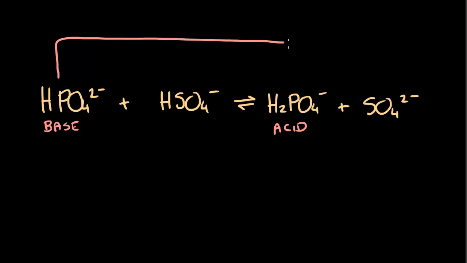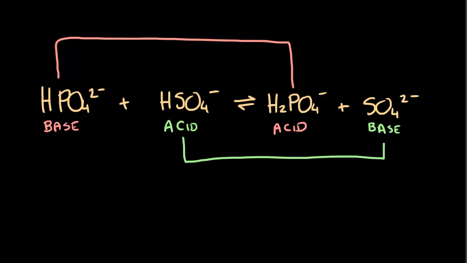So these substances are paired with each other. For the remaining substances, if this is a base, then this must be an acid. If this is an acid, then this must be a base. And these two are the second conjugate acid-base pair.